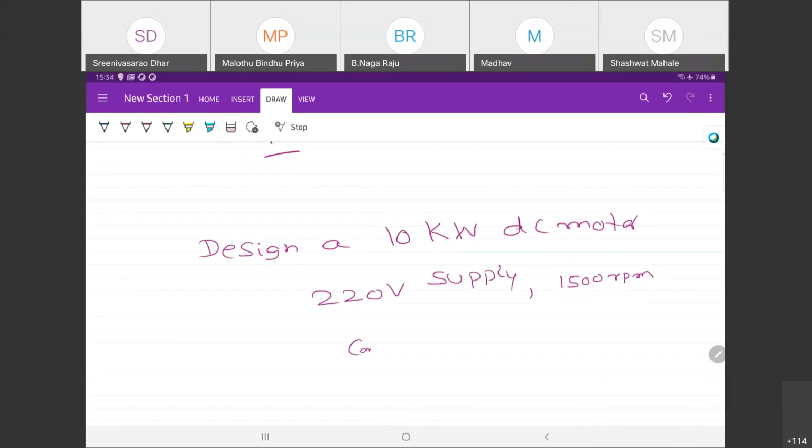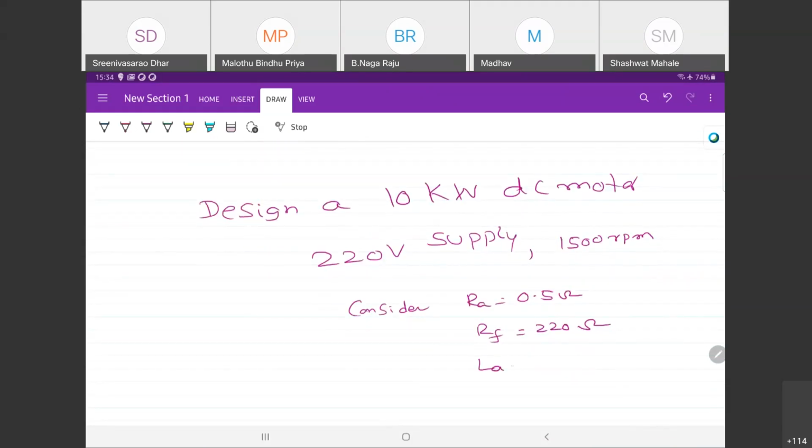So consider RA is 0.5 ohm, RF is 220 ohm, and LAF is 1.8.